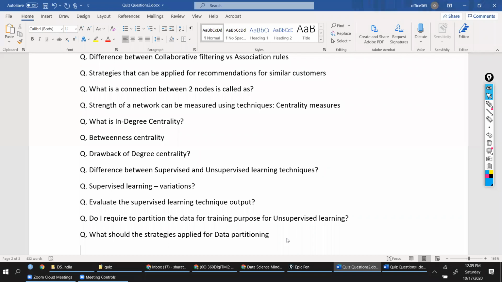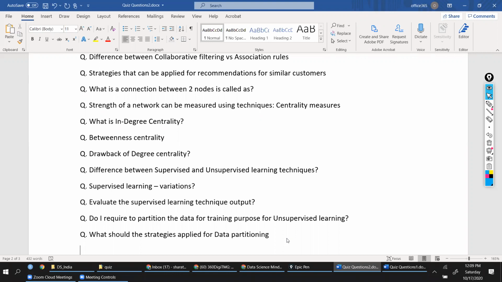But what if your data is categorical in nature or discrete in nature? What strategy should I apply for partitioning the data if the data is categorical?